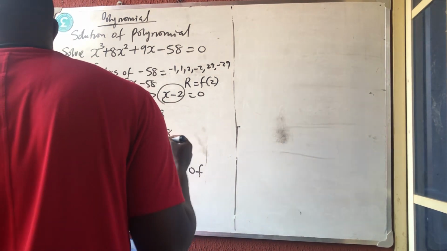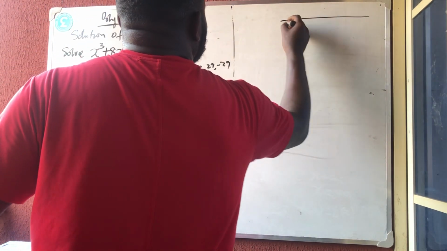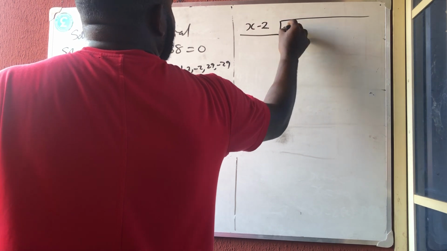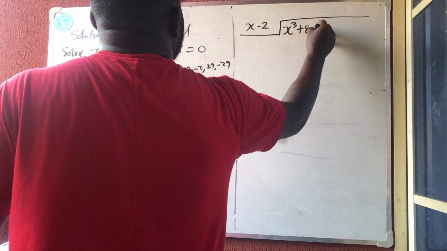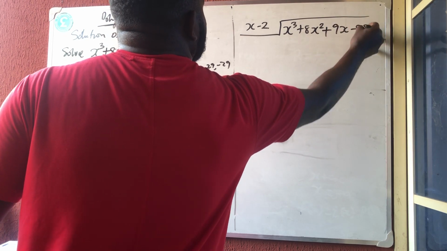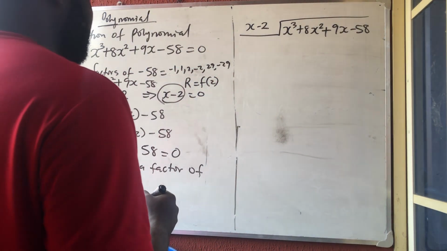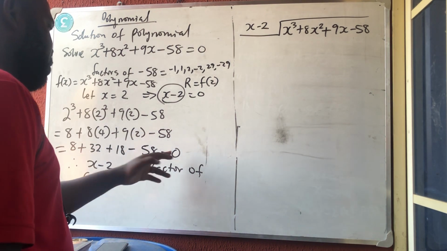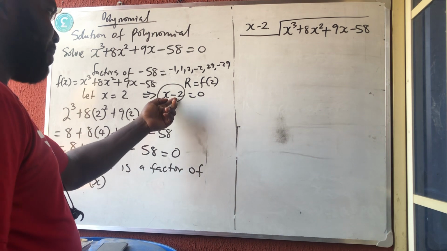You get your answer. So the next thing we are going to do now is to divide this. So I'm having x minus 2 into x cubed plus 8x squared plus 9x minus 58. So let's divide. The first method we did was using trial and error method to know if we are going to get 0. Once we got 0, this is a factor.